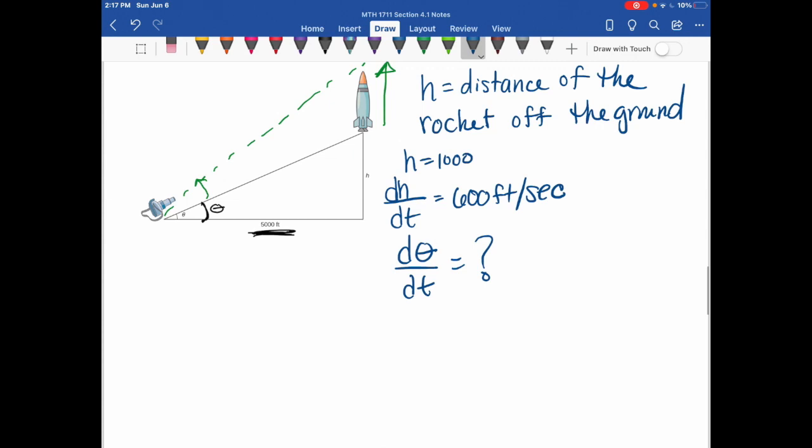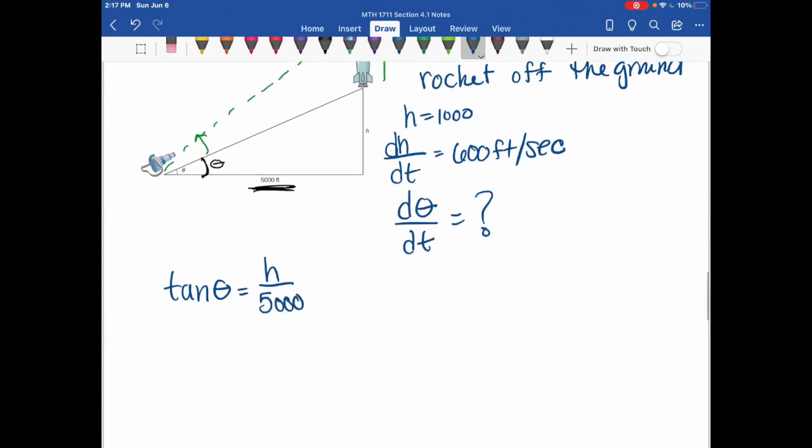So in the next step, we have to come up with some kind of equation that relates all of these variables. Now, if you think back to trig, if I use the tangent of theta, that's opposite over adjacent, we can set up h over 5,000.